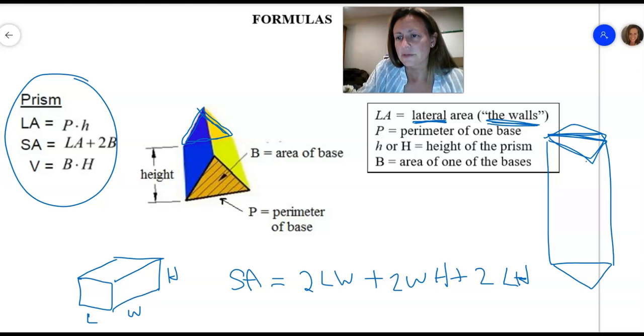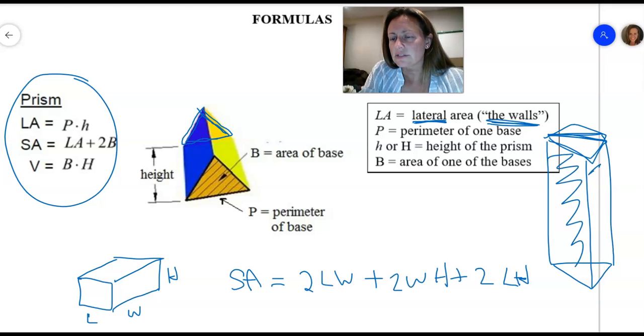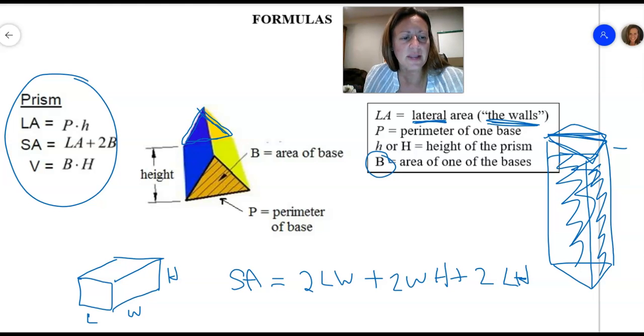Okay, so here's our Toblerone box sitting on its base, okay? These sides, these rectangular sides, these are considered the walls, like as if it was a big tall room, okay? The wall area is the lateral area. Then there's the area of the bases, okay? That would be this B value, area of one of the bases. Okay, so we'll practice that in a little.